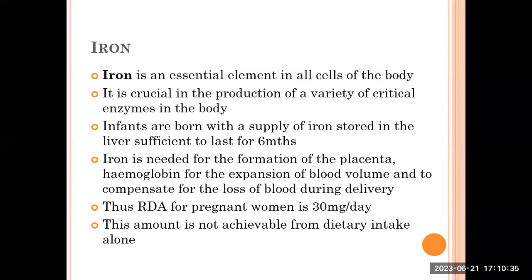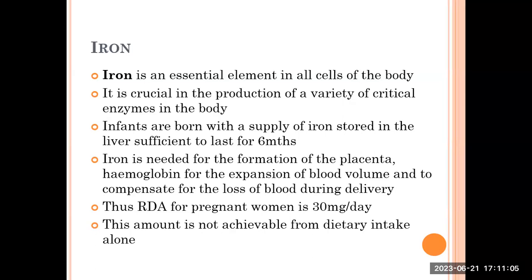Now, for the infant, you need iron for the infants who are not yet born, because when they are able to accumulate enough iron, it can last for just 6 months. So during the first 6 months, the iron stores of the infant will last up to the end of the 6 months. And that is why breast milk is supposed to be exclusive, so that some iron is added onto the baby's reserves, so that it repletes the reserves.